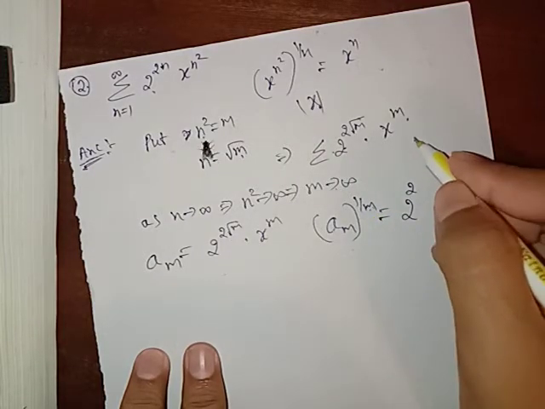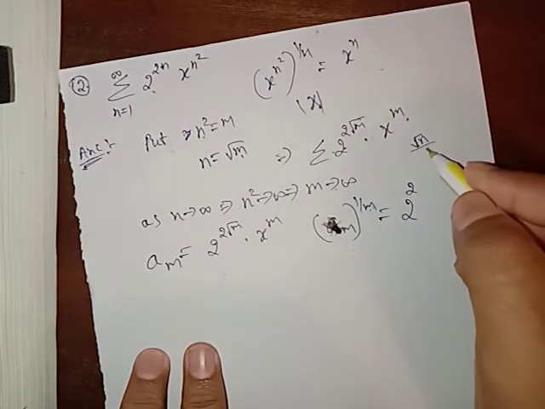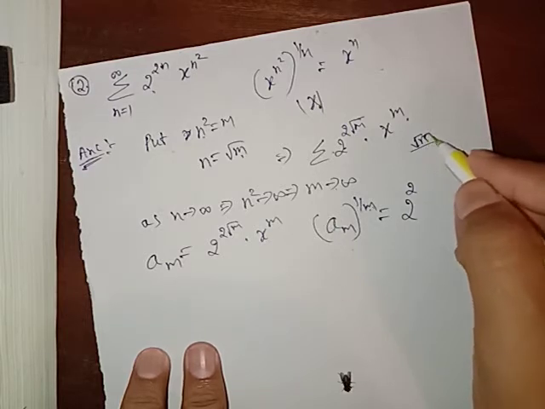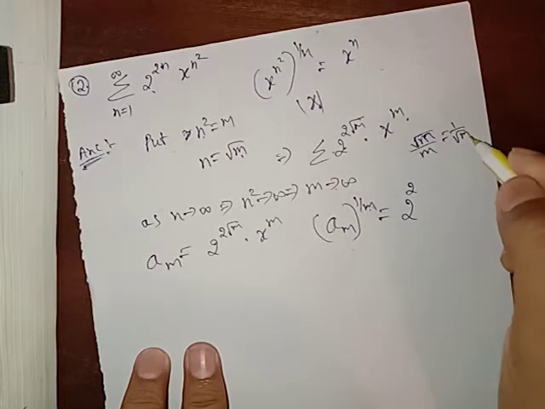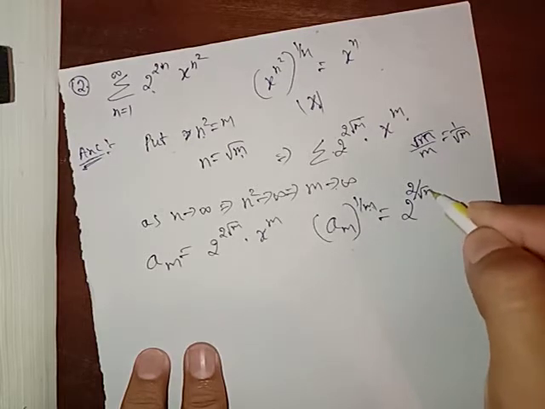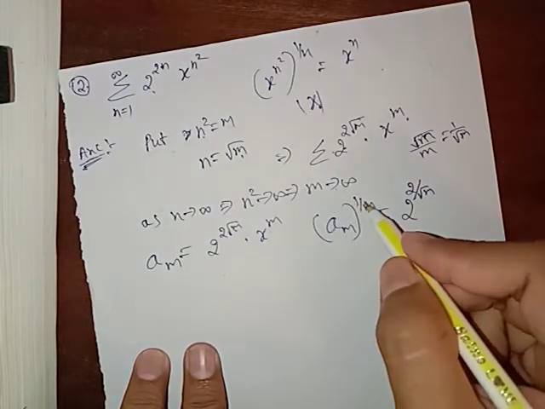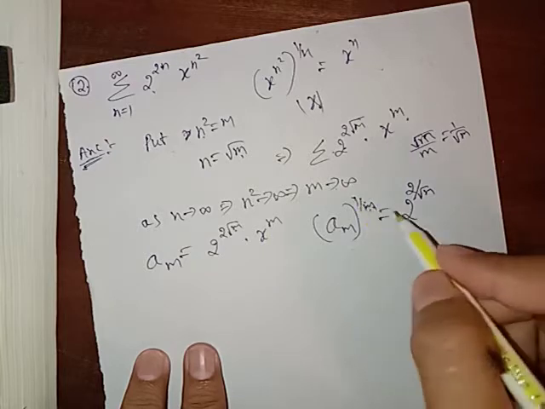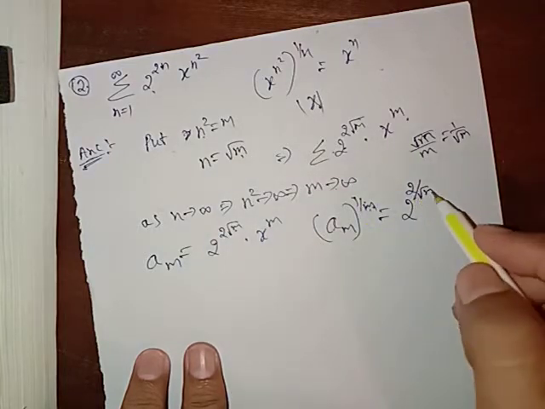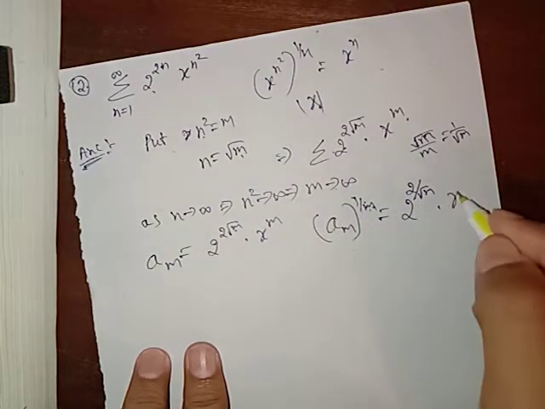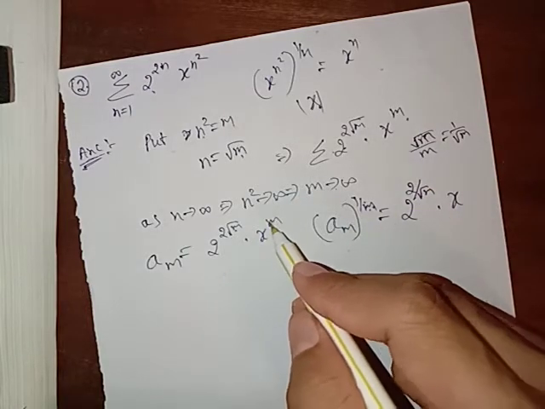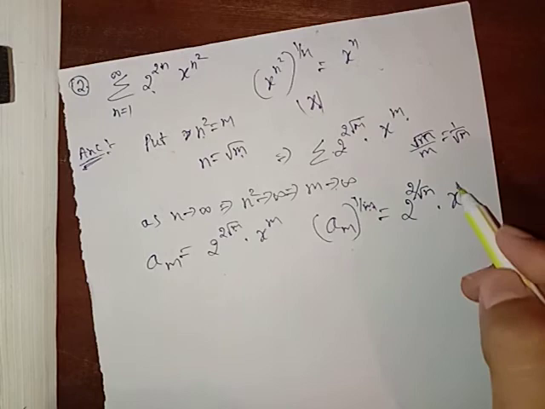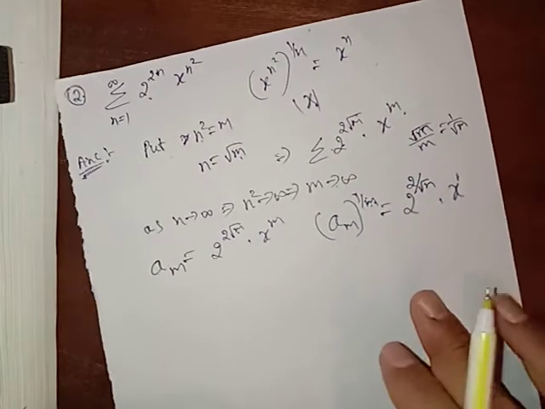What is root m by m? It is equal to 1 by root m. So we get 2 divided by root m, into x raised to m times 1 by m, and m into 1 by m is 1. So we get x here.